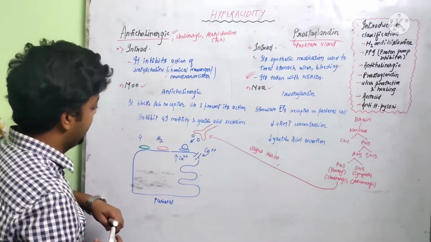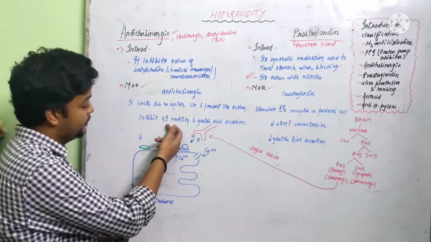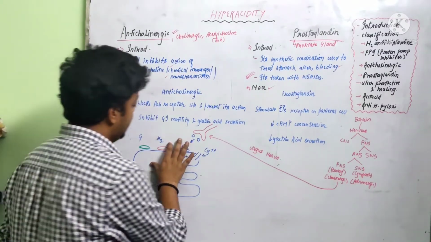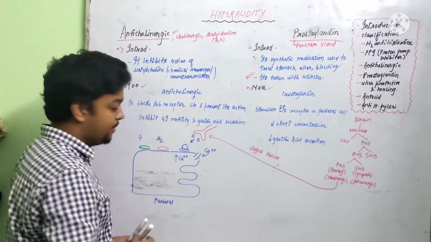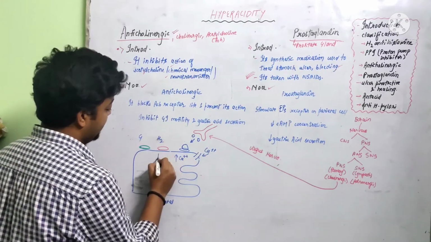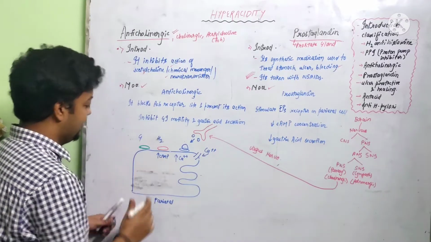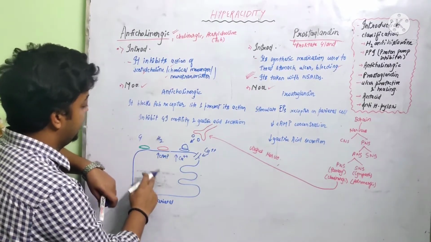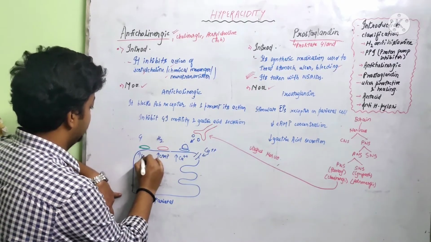If I talk in detail, in the H2 antihistamines, what we observed is that when the molecules bind with the H2 antihistamine receptors, ATP converts to cAMP, and the cAMP increases in amount. So we say in the H2 antihistamines there is an increase of cAMP concentration, right? So in the gastric parietal cells we have the cAMP increase and the calcium increase, and gastrin also causes the increase of calcium ions, right?